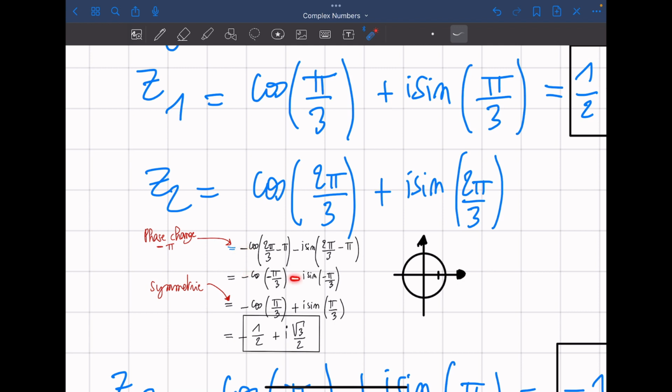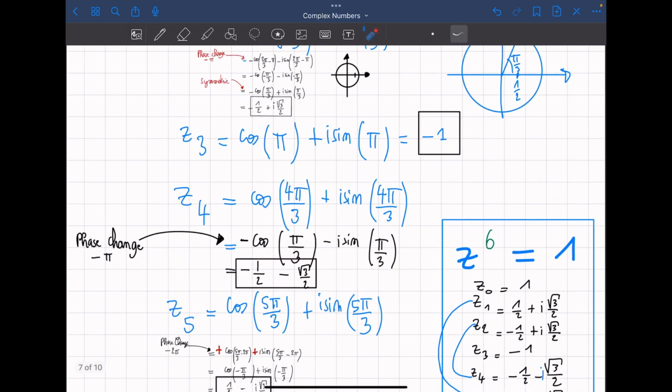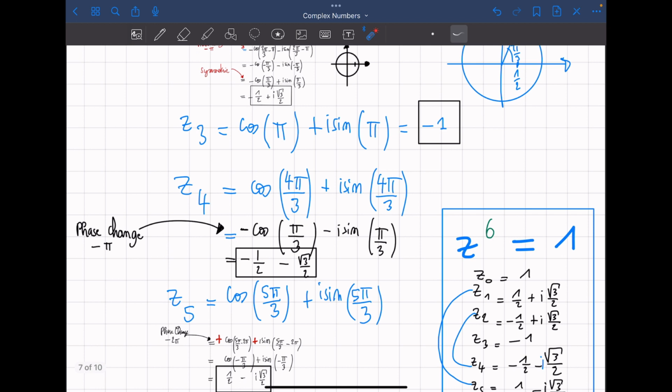So then minus becomes plus here. So the result for the second root would be minus 1/2 plus square root of 3 divided by 2 i. For k equal to 3, it would be minus 1. For k equal to 4, same method. We would end up with minus 1/2 minus square root of 3 over 2 i here.